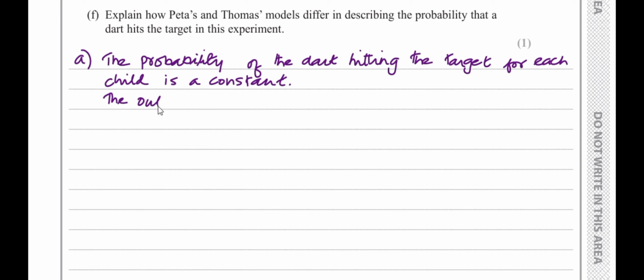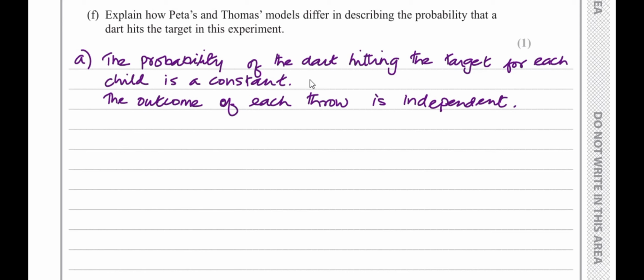The outcome of each throw is independent. So the probability is constant and the outcome of each throw is independent of each other.